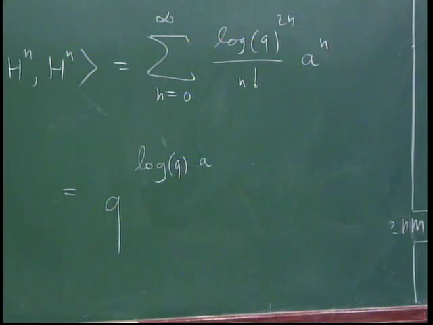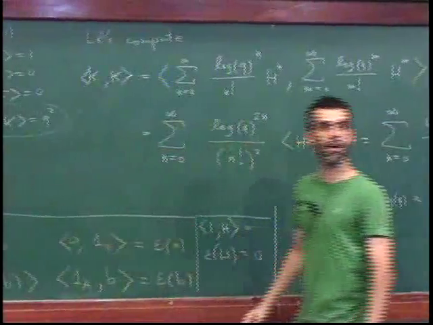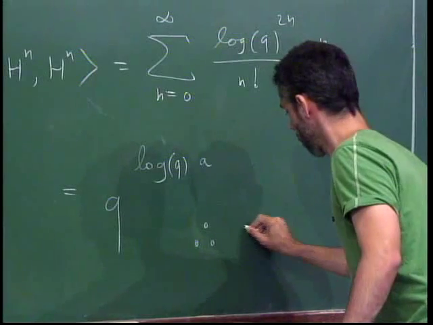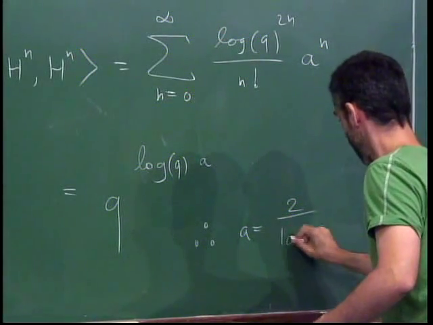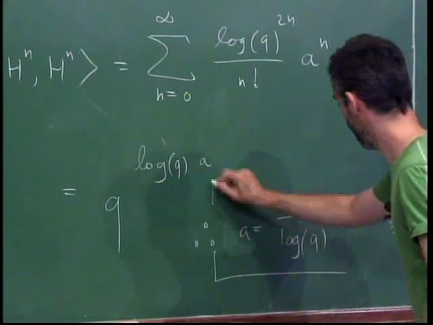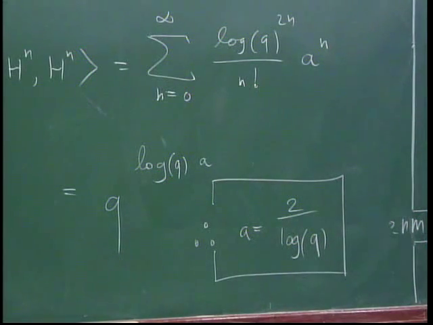Okay, that's kind of still a bit bizarre, but we don't worry about it. We just compare this with that and conclude that a equals two over log q. Great.